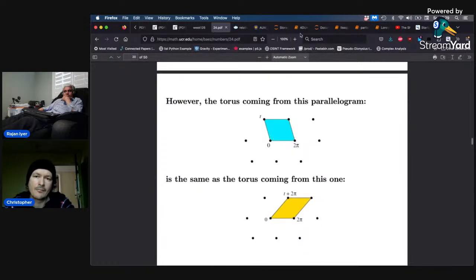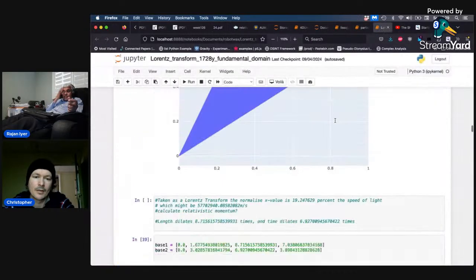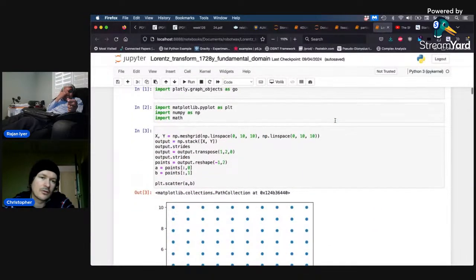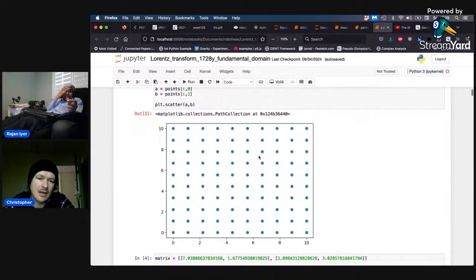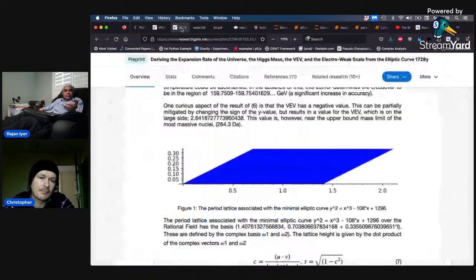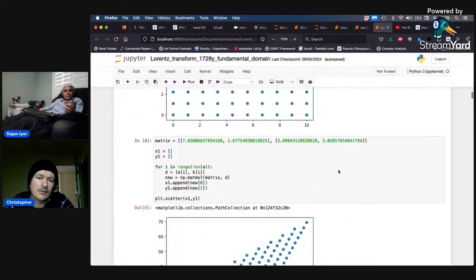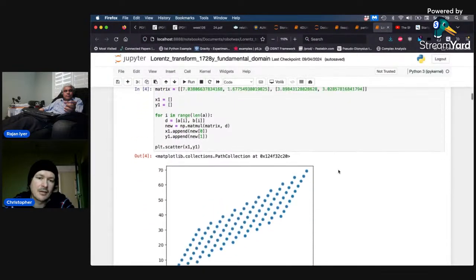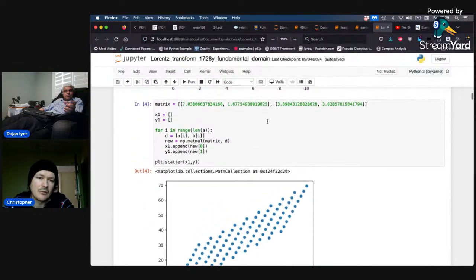Part of the point here is that we have these parallelograms on the lattice. I looked into that a bit, taking the parallelogram from here and transforming it using SU2 transforms based on something called Arnold's cat, I think it's called.